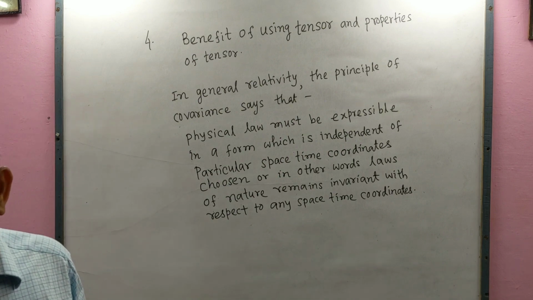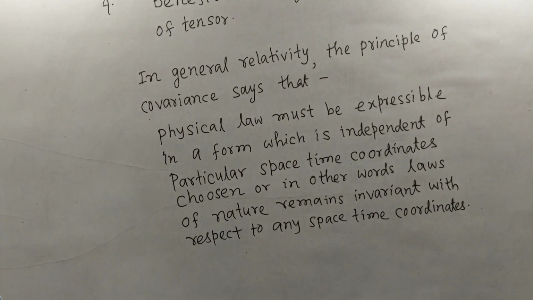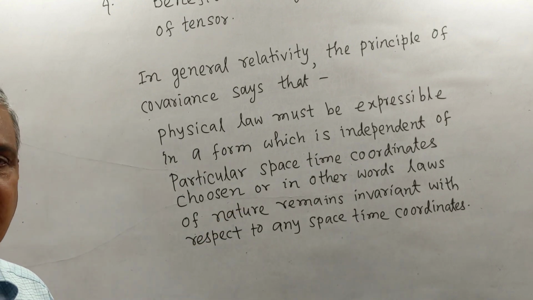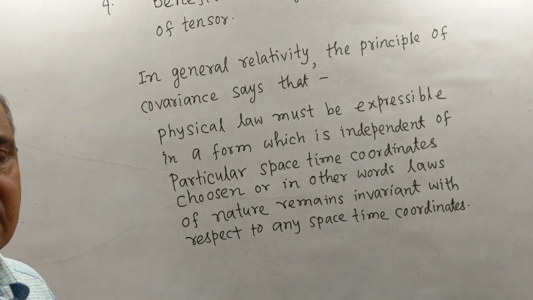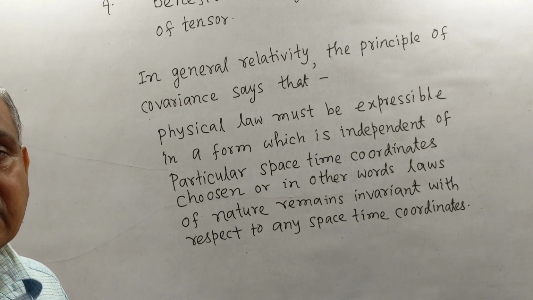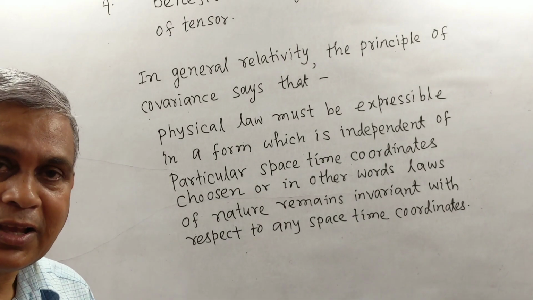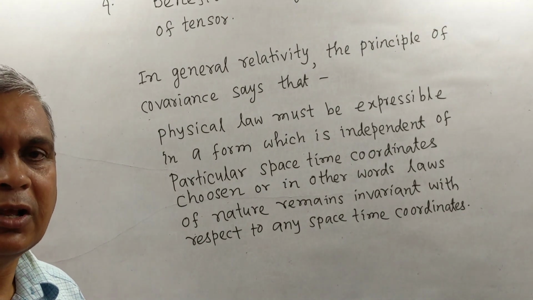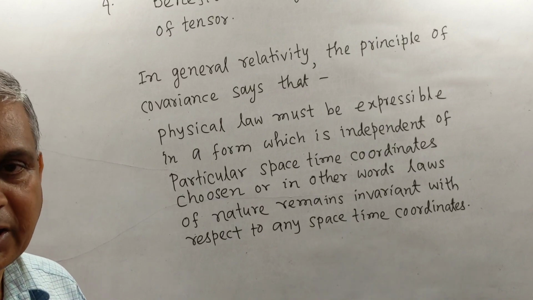That is, if any property holds in one coordinate system, then that property must hold in other coordinate systems. Only tensors play an important role in holding these properties. Only for this, Einstein used tensors as a tool in his general relativity.